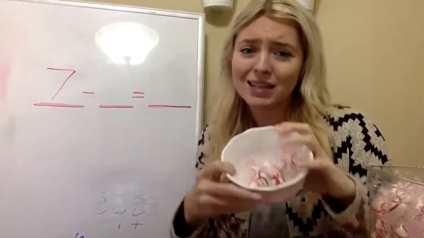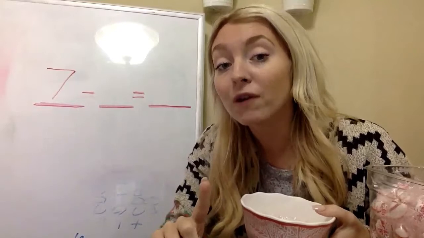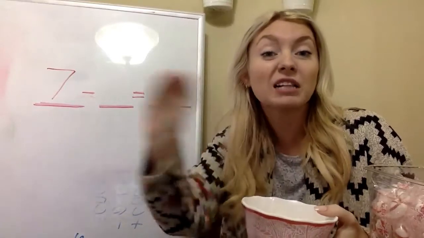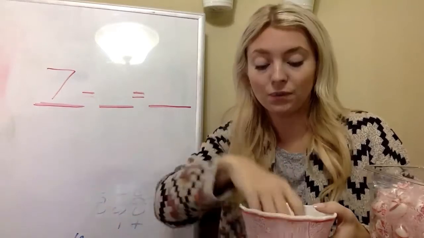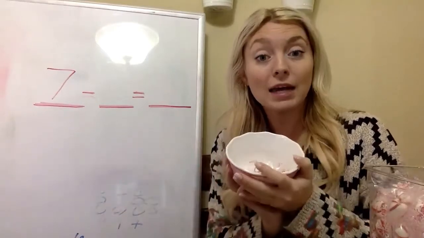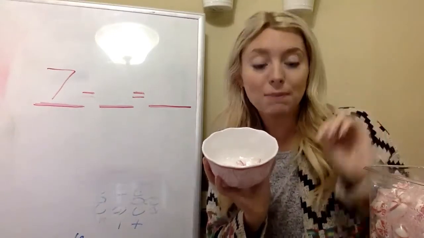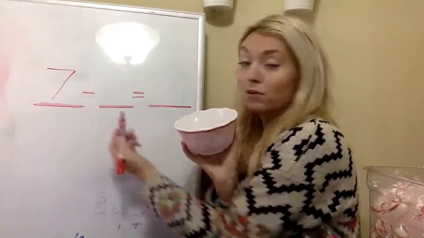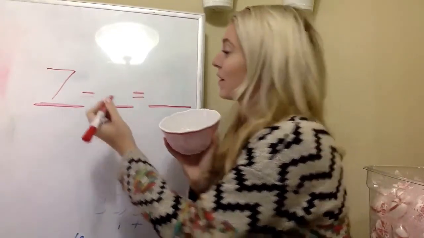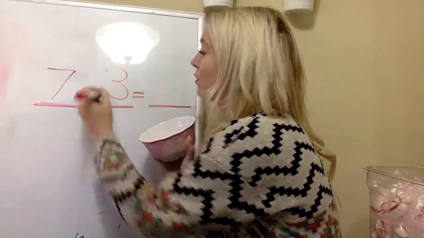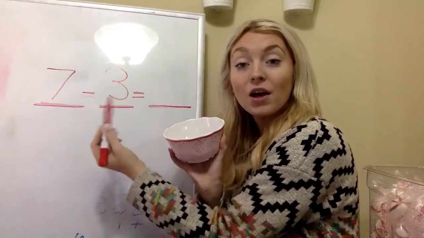All right, so I've got 7 peppermints, but I've got 3 really, really special friends in the class who were sitting like good listeners. So I gave 3 peppermints away. I took away 3 peppermints. That number 3 is gonna go in my next area right here, so we're gonna write the number 3. We had 7. We took away 3.